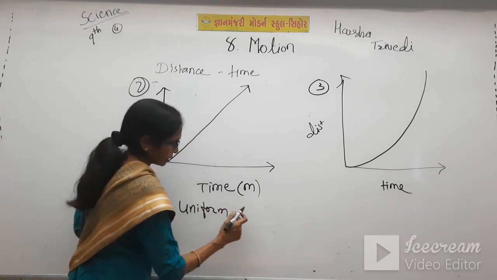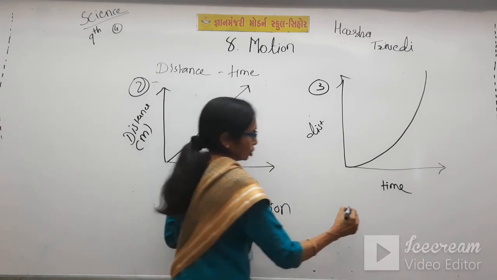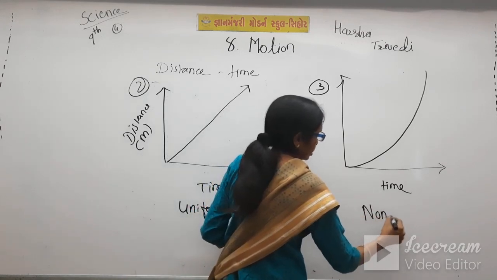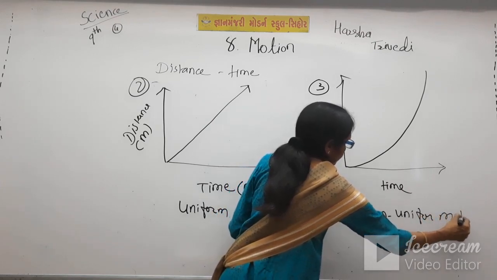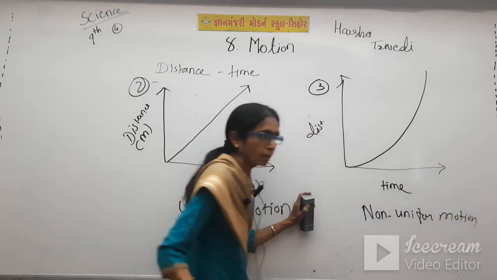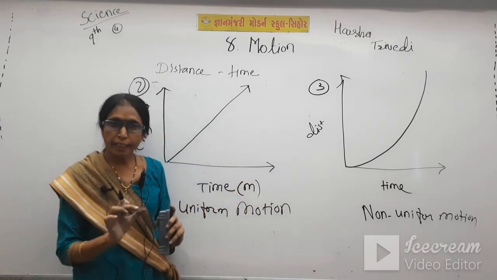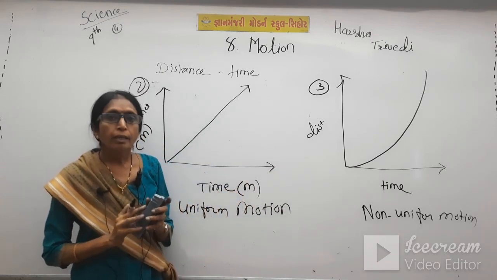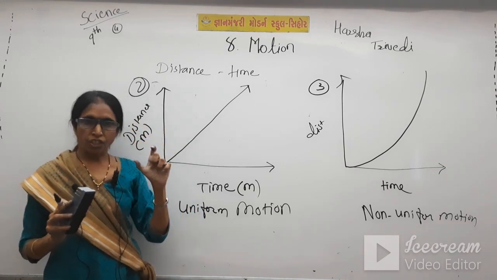Uniform motion we can say here, and here non-uniform motion, because here in a definite interval of time the vehicle travels a fixed distance.